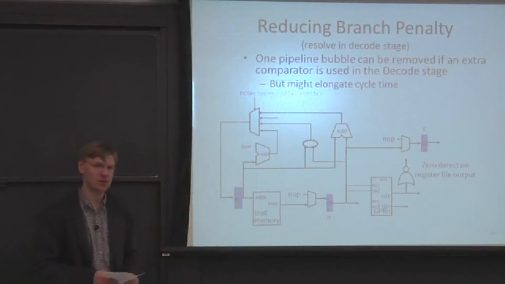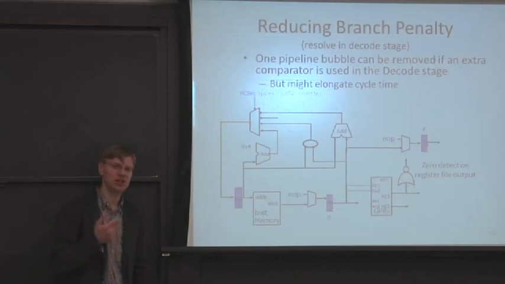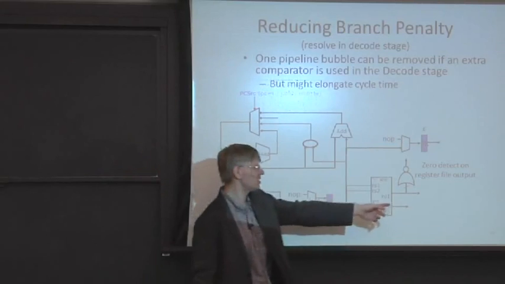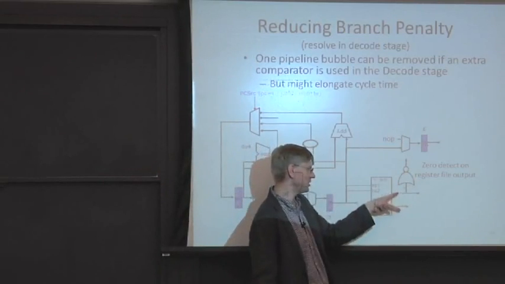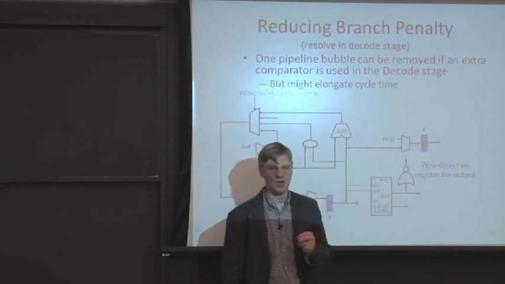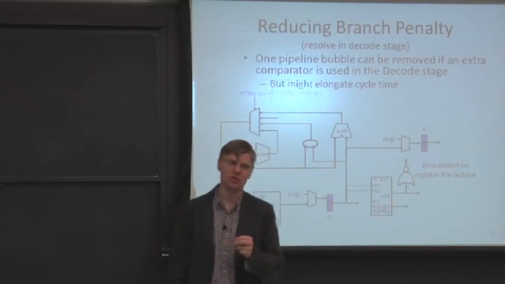This can get harder for different types of branches. If you have something like a branch equals or BEQ instruction, you can't use a zero detector. What you have to do instead is actually do a full comparison between two of the source operands, and that usually takes more time.